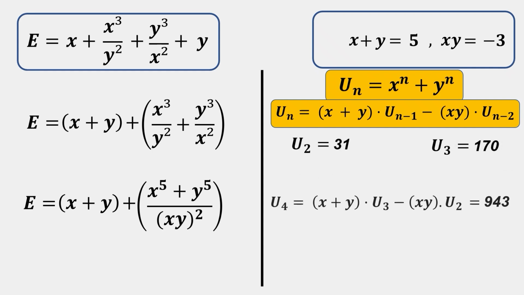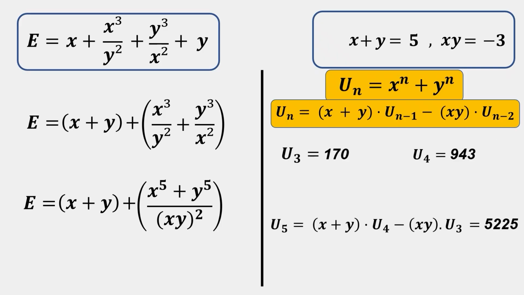Then, u sub 4 equals x plus y times u sub 3 minus x times y times u sub 2, which gives us 943. Finally, u sub 5 equals x plus y times u sub 4 minus x times y times u sub 3 equals 5,225. So x to the power of 5 plus y to the power of 5 equals 5,225.